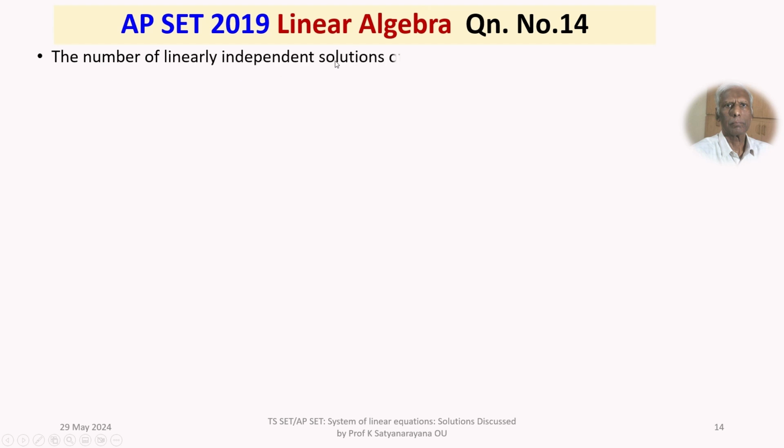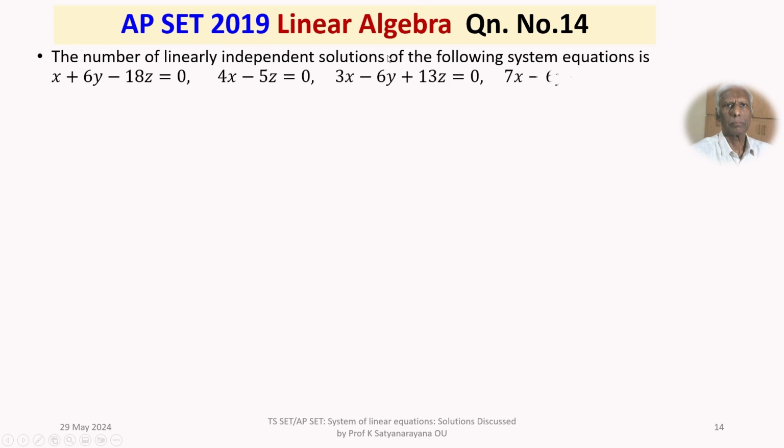The number of linearly independent solutions of the following system, where 4 equations are given in 3 unknowns x, y, z, and it is a homogeneous system. We have to find out the number of linearly independent solutions for this homogeneous system.